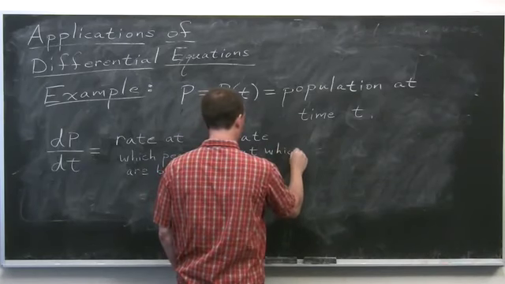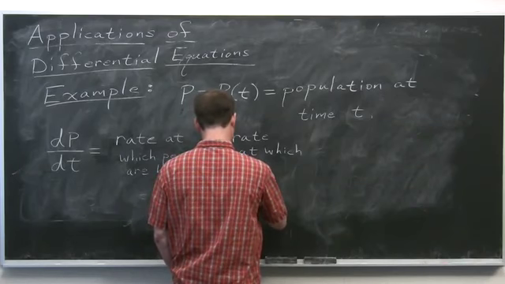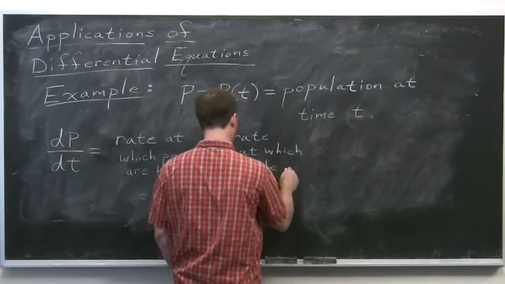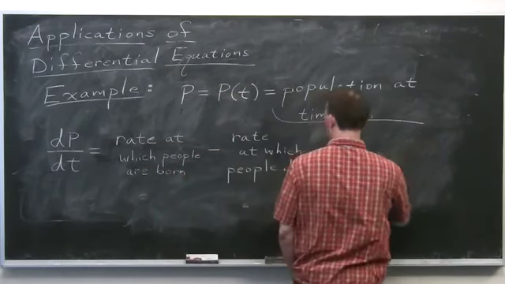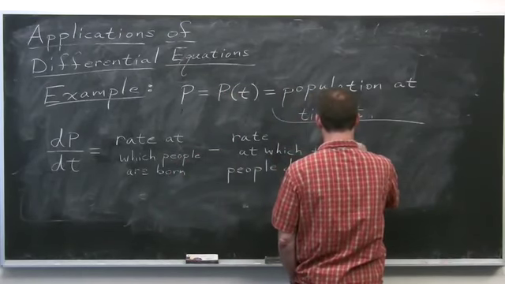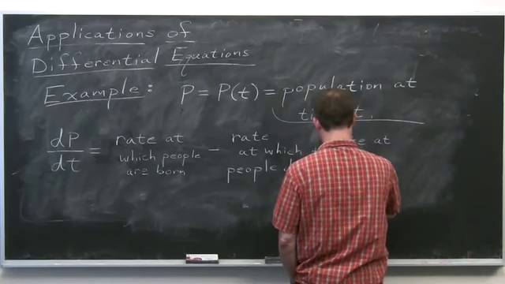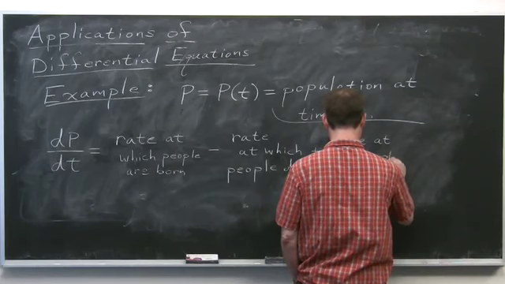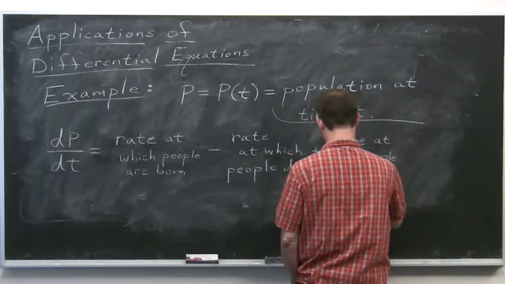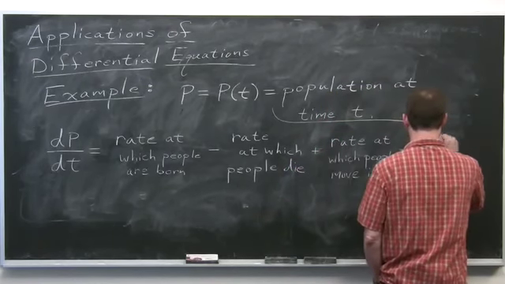I'm now assuming we've got a population of people, not bacteria or other animals. Then you would add the rate at which people move in, and you would subtract the rate at which people move out.